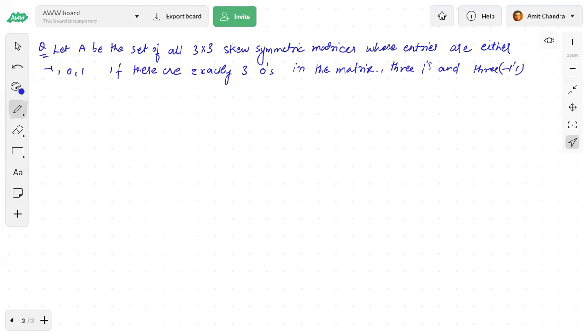Okay, so there are 3 zeros, 3 ones and 3 minus 1 in the matrix. Then the number of such matrices are?